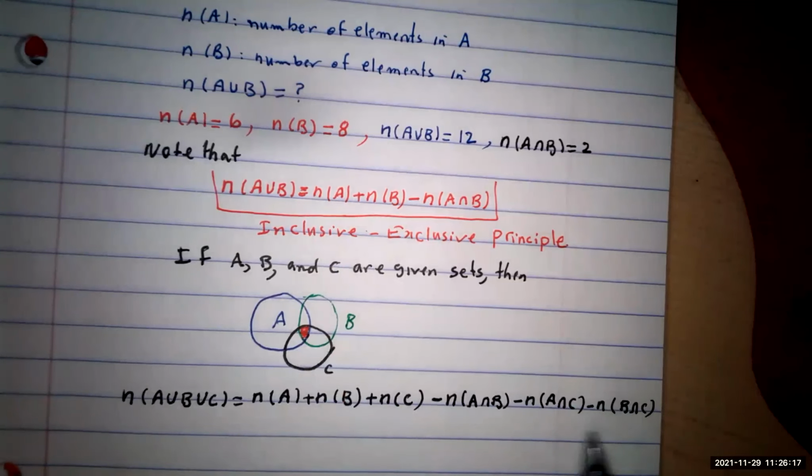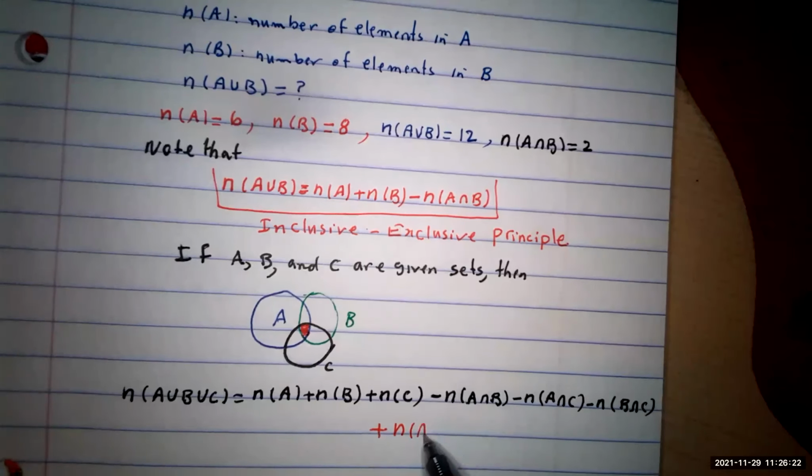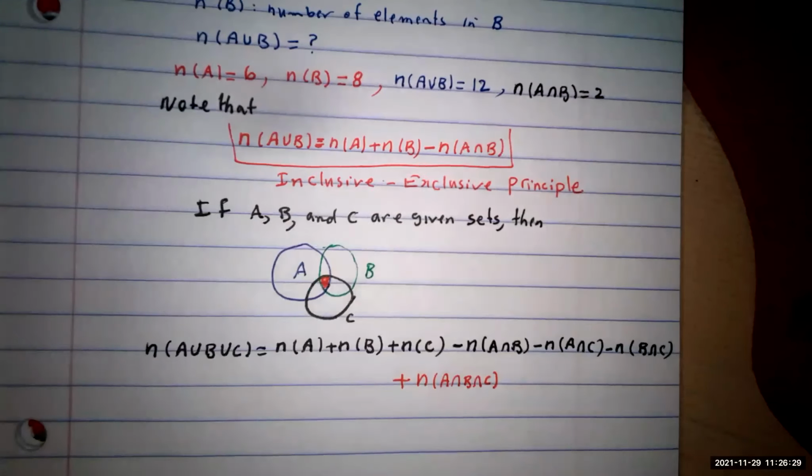That's why you have to include it, with a plus: plus n of A intersect B intersect C.